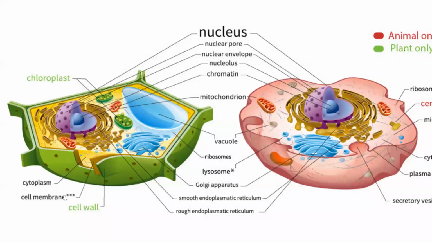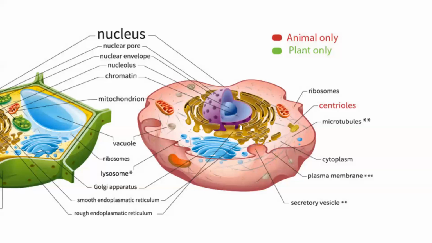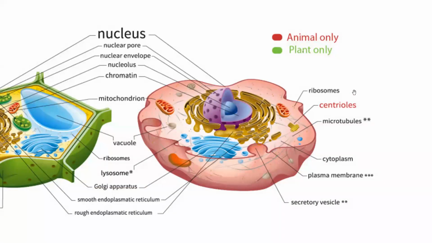Similarly, a cell wall is present in the plant cell, while it is absent in animal cells. While animal cells have a cell organelle, or little organ, called the centriole. This centriole is absent in the plant cell.